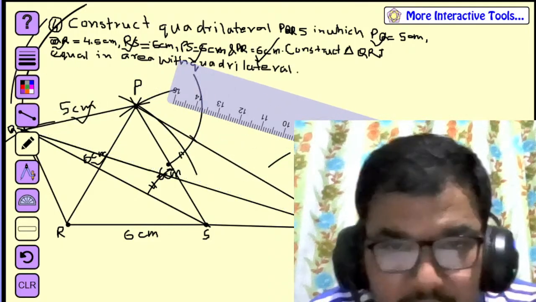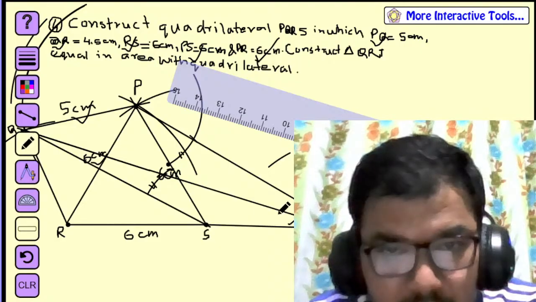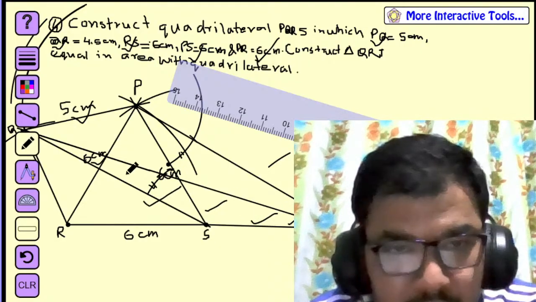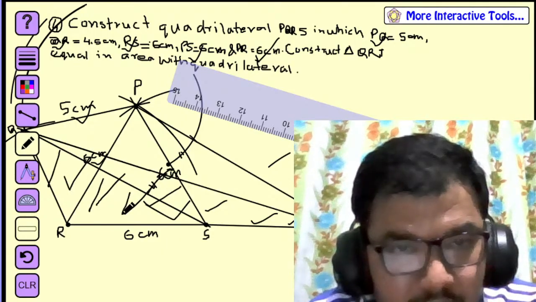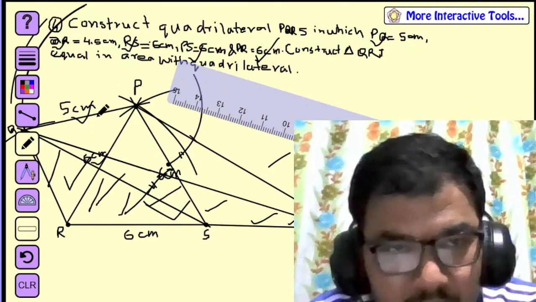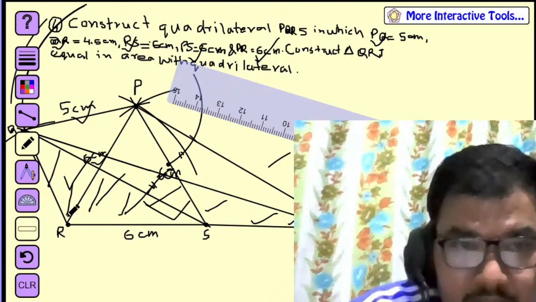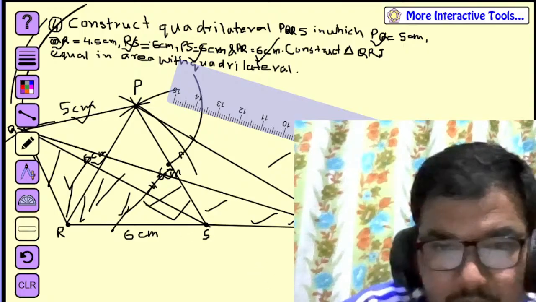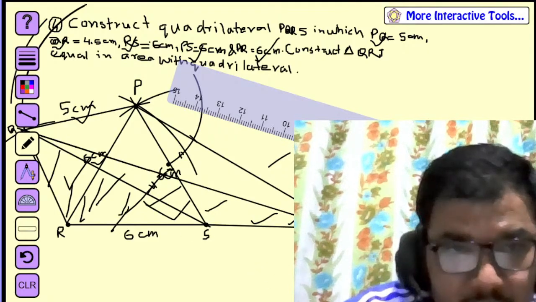Okay, and here we want a triangle. This is QRT. This triangle. Okay, this triangle's area will be equal to the area of this previously drawn quadrilateral, PQRS. This is QRT. QRT is the triangle whose area will be equal to the, here will come one T point.